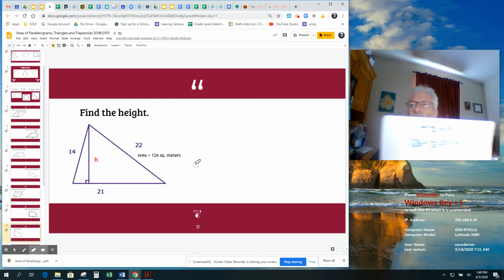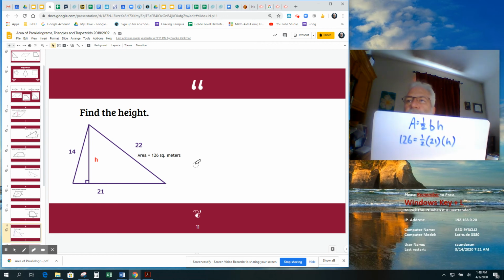So we have a couple of ways that we can solve this problem. For me, I like to get rid of fractions first. So on one side, I'm multiplying by 1/2. What's the opposite of multiplying by 1/2? Multiplying by 1/2 is the same thing as dividing by 2, right?